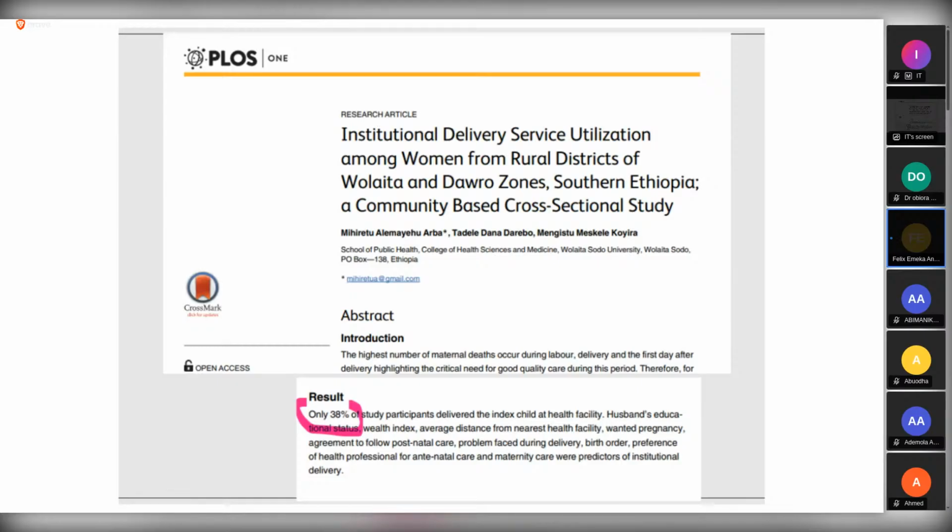Then look for the prevalence, because one of your objectives will clearly be the prevalence of institutional delivery service utilization if you're doing a cross-sectional study, because a cross-sectional study is most likely a prevalence study. So you look for a previous study and look for the prevalence. For this study, we found the prevalence is 38%. It is this 38% that we will now be replacing our P with.